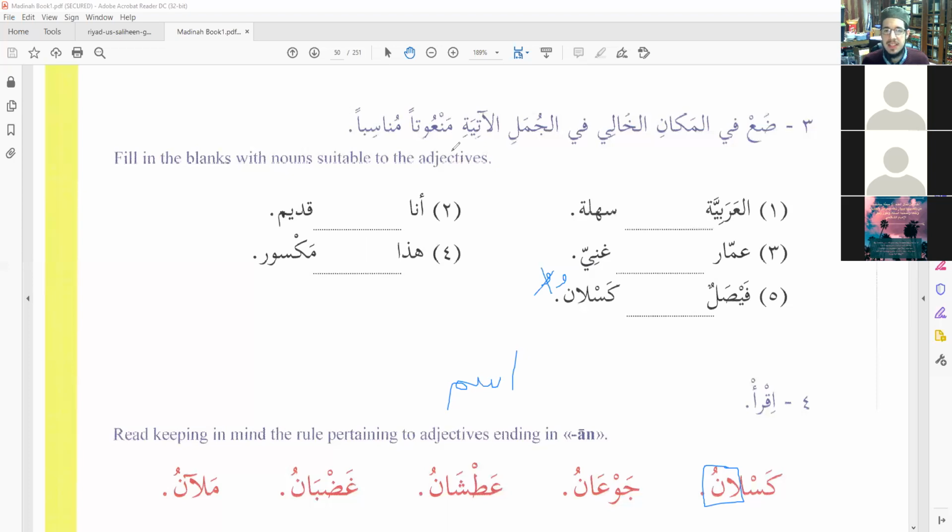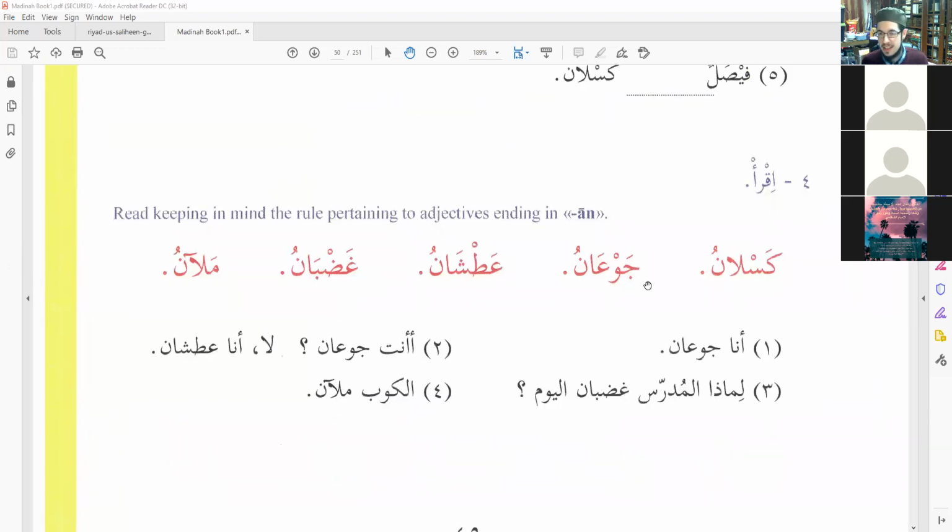So in these examples, we have what's technically a sifa, which is a type of ism in Arabic, kaslanu, jo'anu, utshanu, but it is alone in the khabar. And in English grammar, we would say, okay, easy, this is sifa mawsoof, this is an adjective, and what it describes is ana. I am hungry.